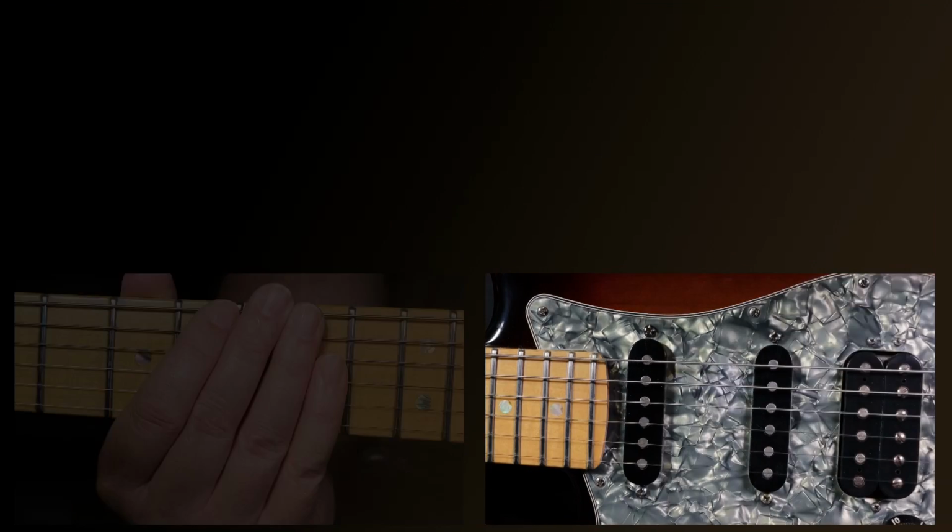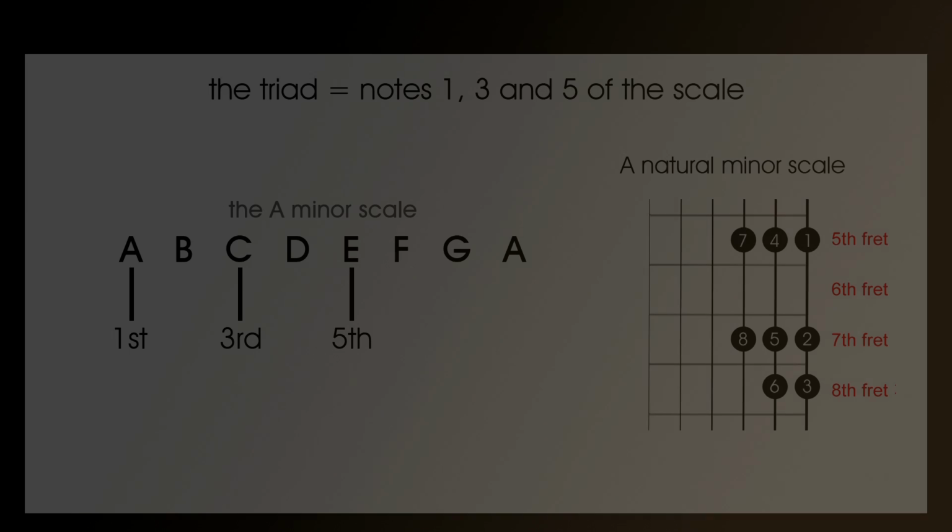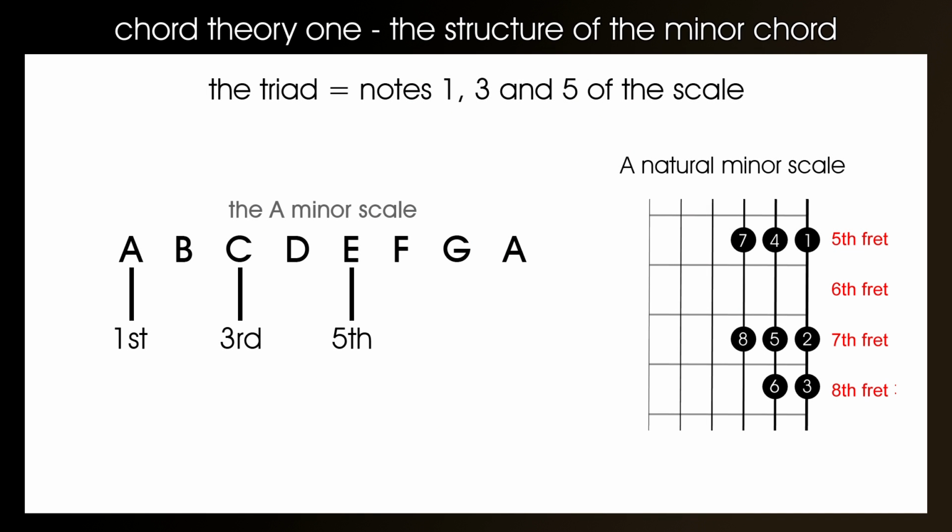Right, let's move on and take a look at the structure of the minor chord. If you understood the structure of the major chord, then the minor chord will be really easy, because it follows exactly the same rules, in that you find the triad by finding the first, third and fifth note, but this time of a minor scale.